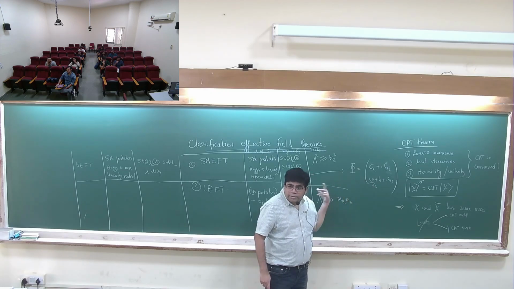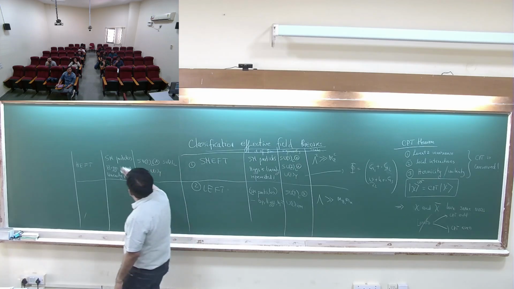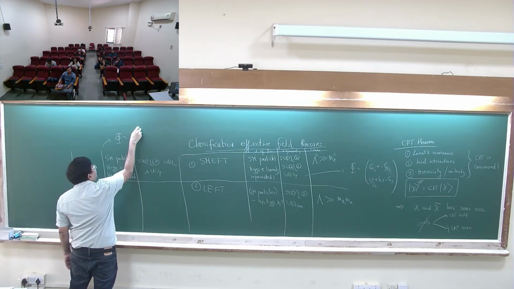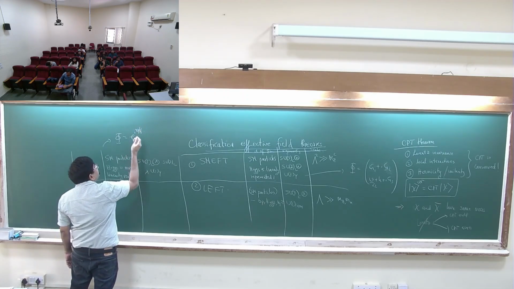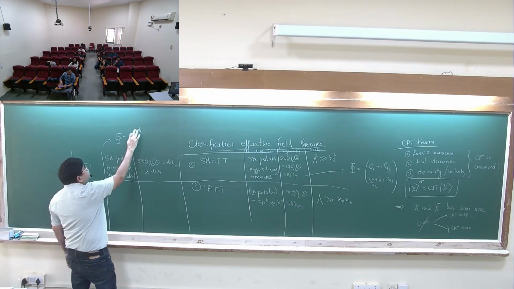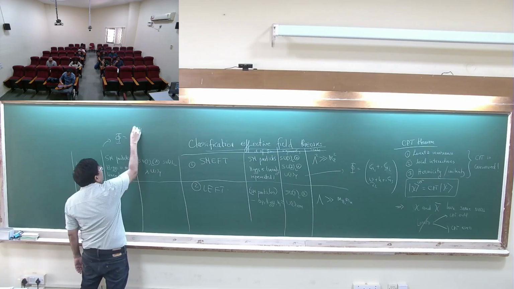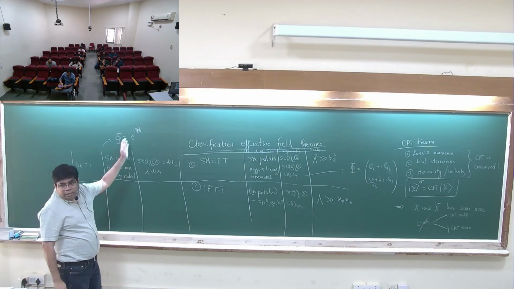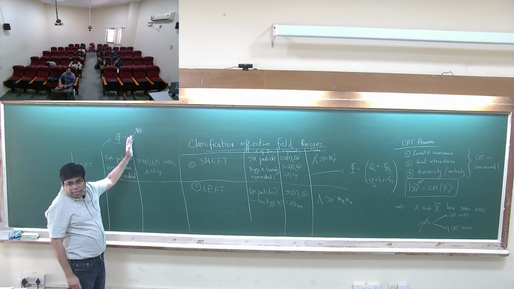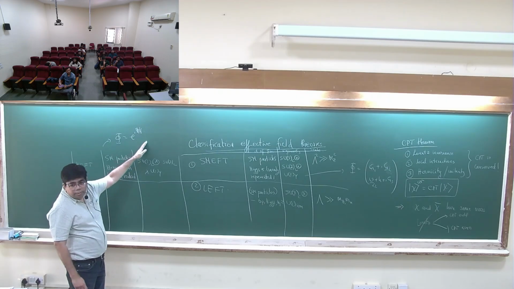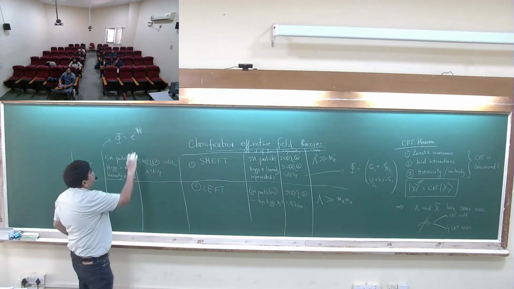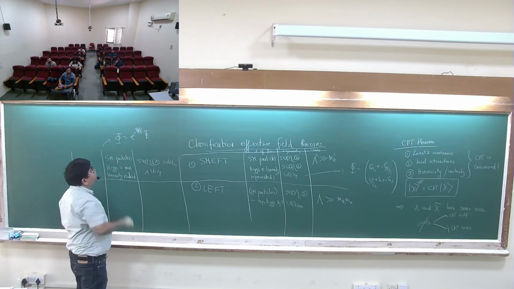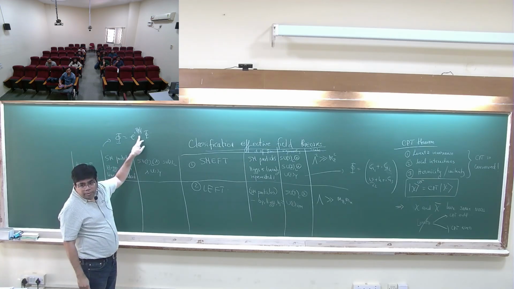But you can always assume that in the nonlinear mode, you write the Higgs field expanded in terms of an exponential, something like V by F. So you have everything in terms of this nonlinear mode.